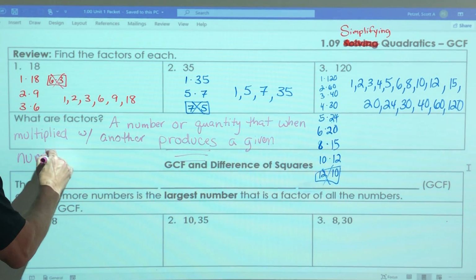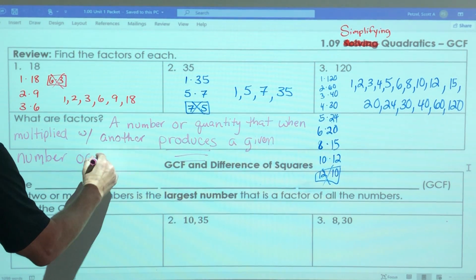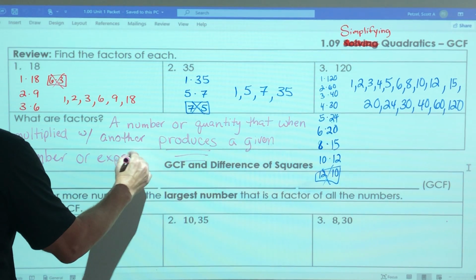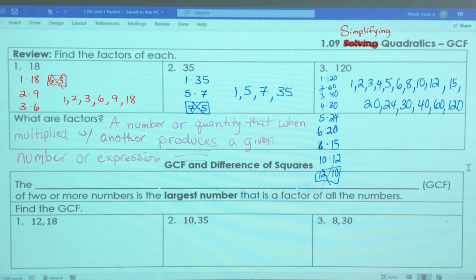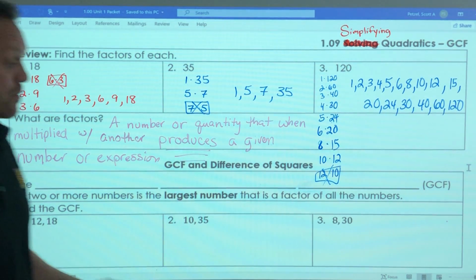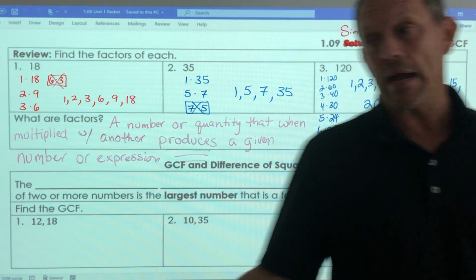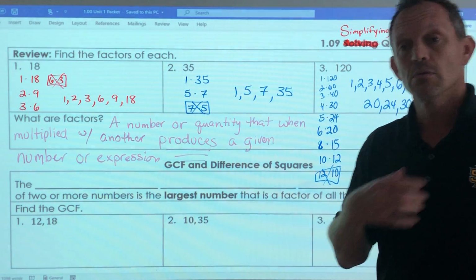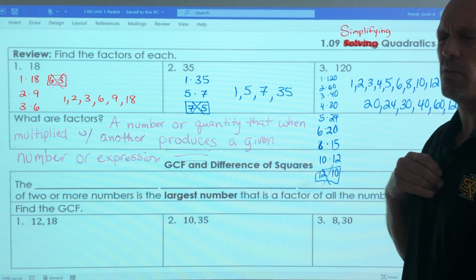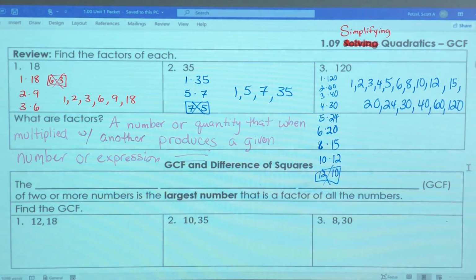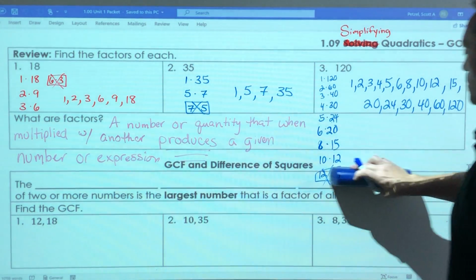Okay, so that's very clinical. At the end of the day, it's what we multiply together to get it. So we're pulling it apart, if you will. So factors of, say, a dollar bill. What's a factor of a dollar bill? 4 quarters, technically. I mean, you could add them together, or you could say 2, but you get what I'm saying? You're pulling things apart. That's kind of what we're looking for, pulling things apart.